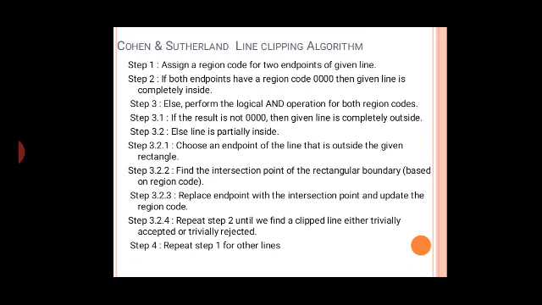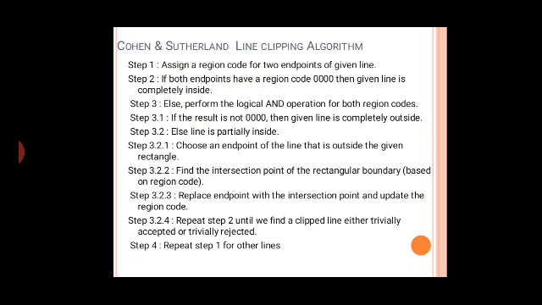Now step 3: if the region codes are not 0, you have to perform a logical AND operation on both region codes. You take both endpoints' region codes and perform the logical AND.